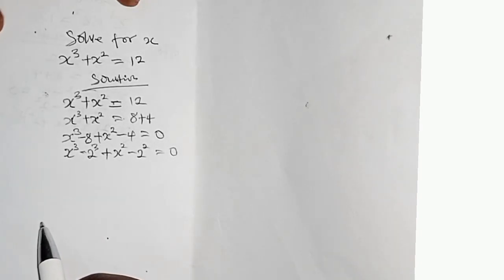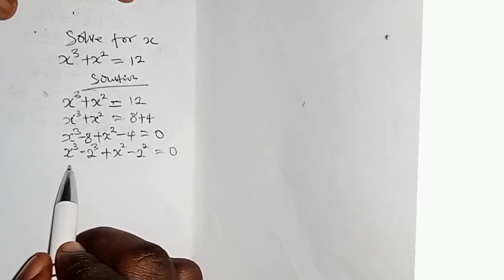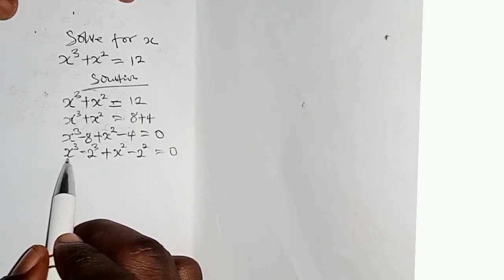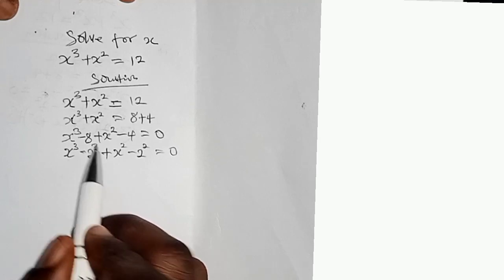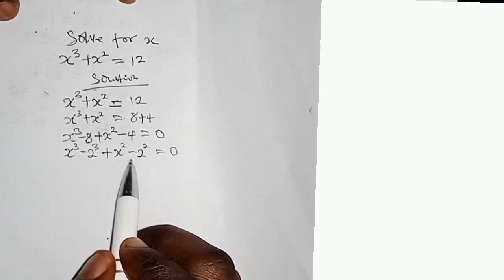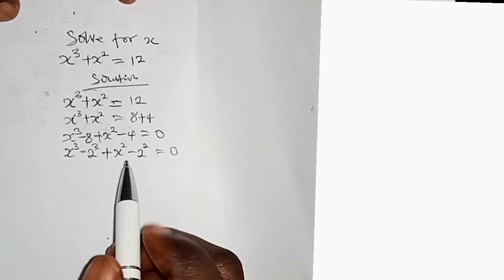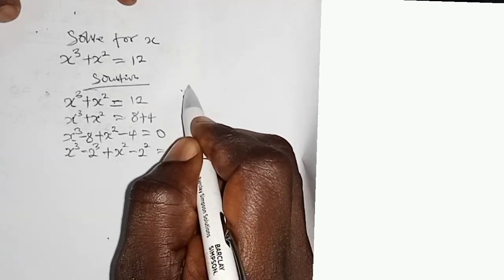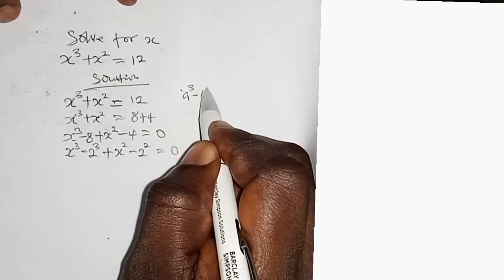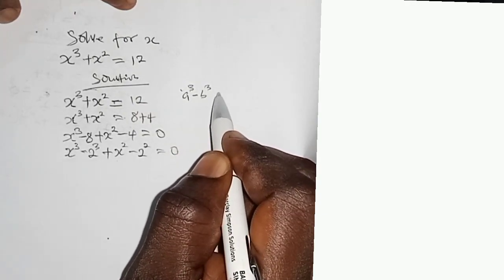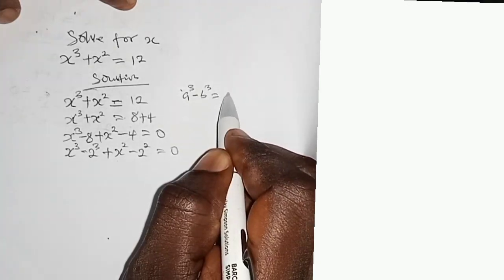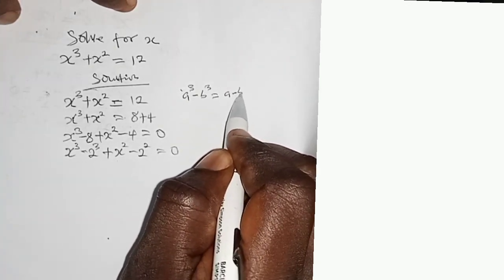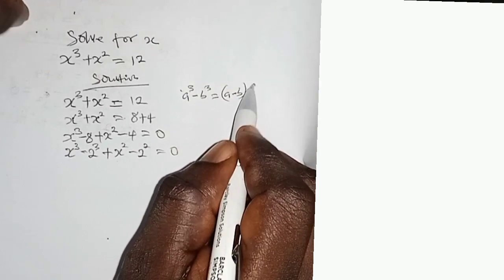At this point, I'm going to simplify x raised to power 3 minus 2 raised to power 3, and then x raised to the power 2 minus 2 raised to power 2. If you remember, if we have a raised to power 3 minus b raised to power 3, you can simplify this to be equal to a minus b, into a squared plus ab plus b squared.